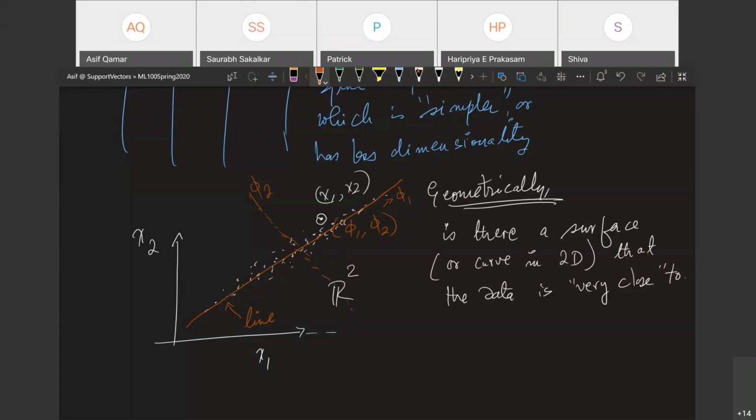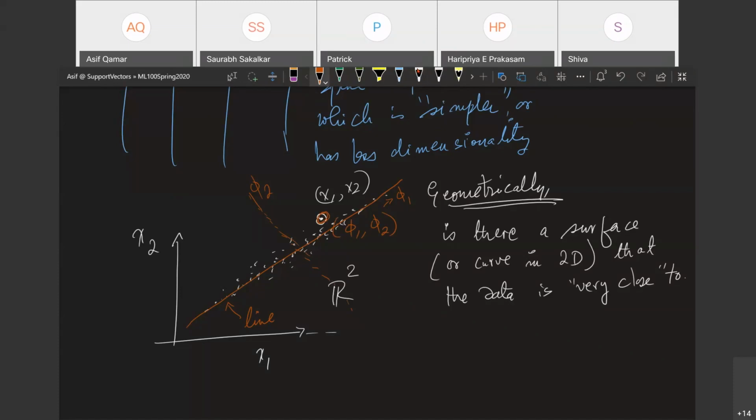Would you agree? A different coordinate system, where the x-axis is along this line, the phi1 axis, and phi2 is perpendicular to this. And so the same point I can write in terms of the phi1 and phi2 axes. Does that make sense, guys, so far? I'm just using two different coordinate systems.